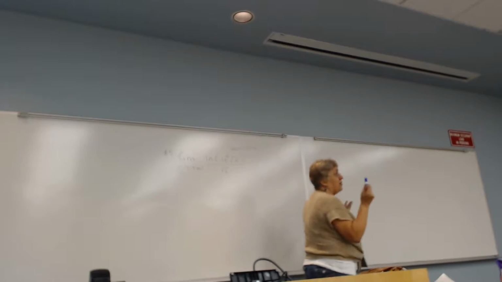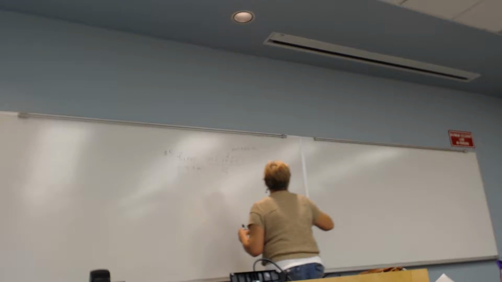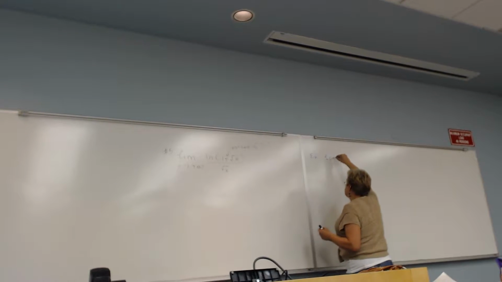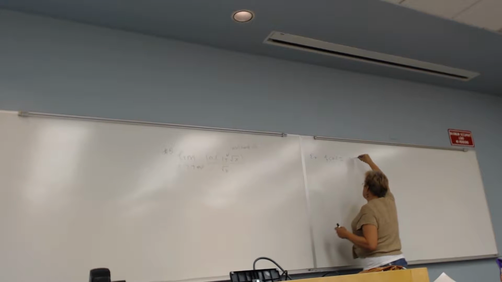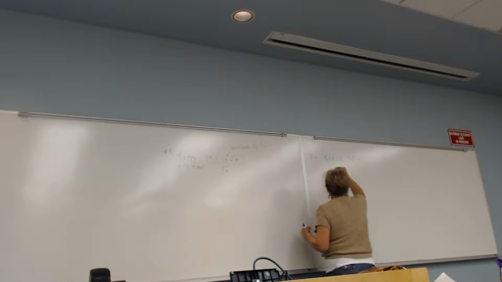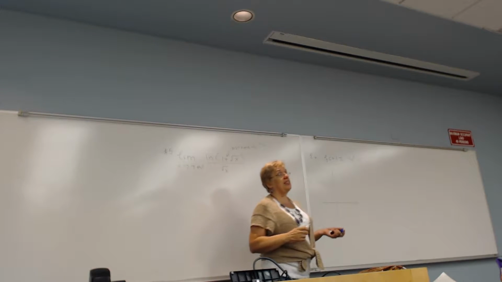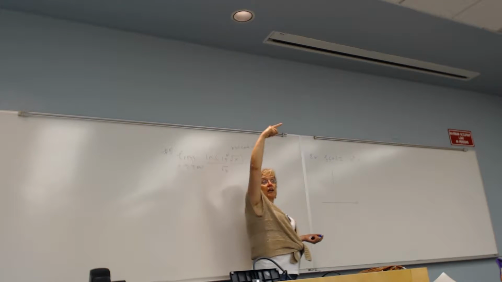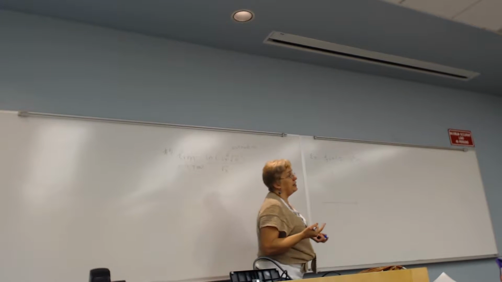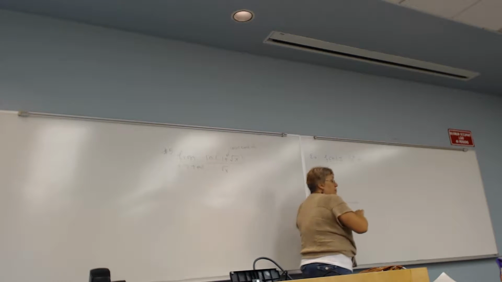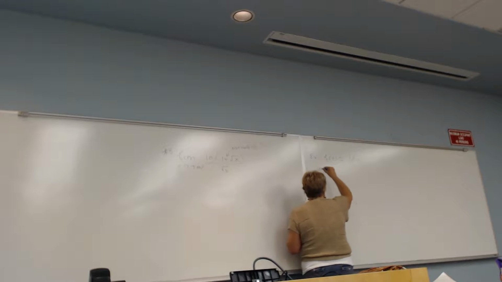Just to make a very simple example, let us consider the function f of x equals x squared plus 1. This is a function that everybody should know how to sketch. This is a parabola with vertex at the point (0, 1). Look at me when I sketch the parabola.